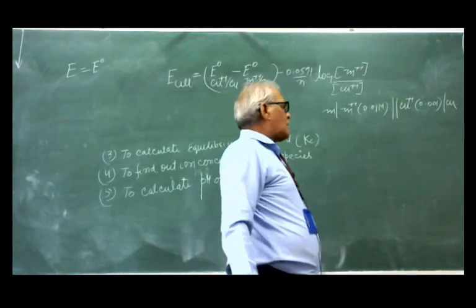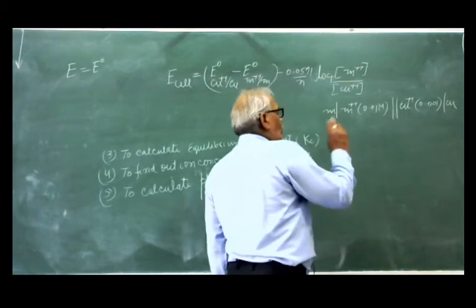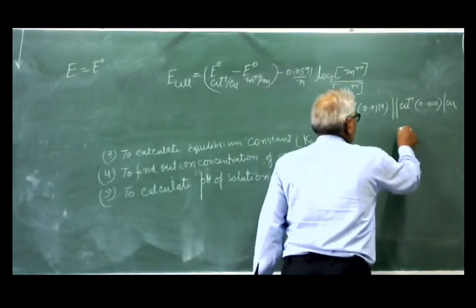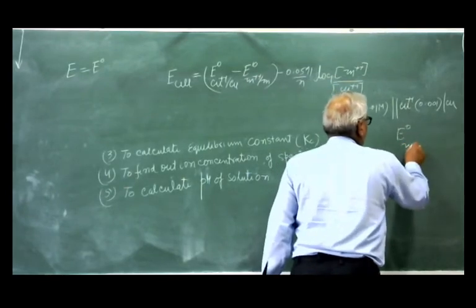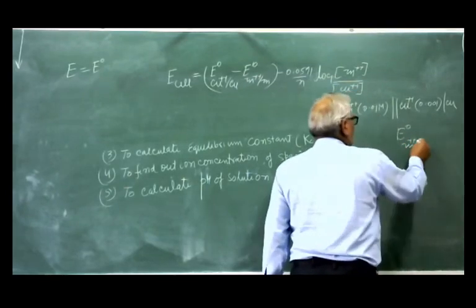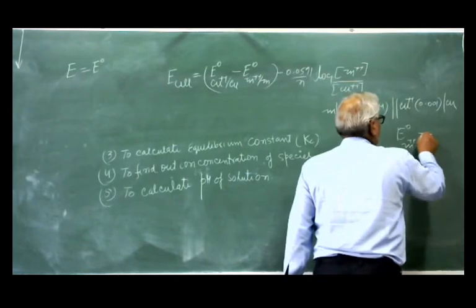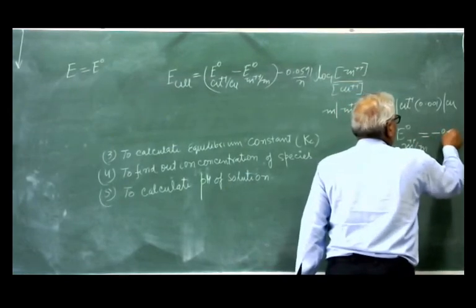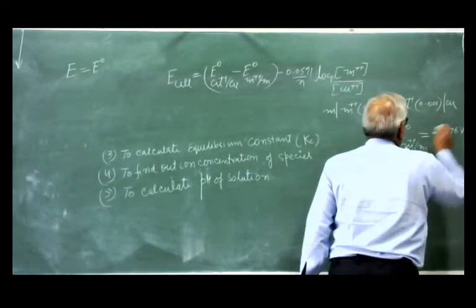so how to calculate? Here you have to give E0 of the zinc ion to zinc. This is the reduction potential, 0.76 volt. This is given.